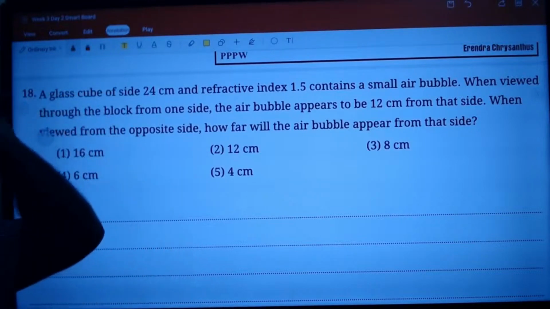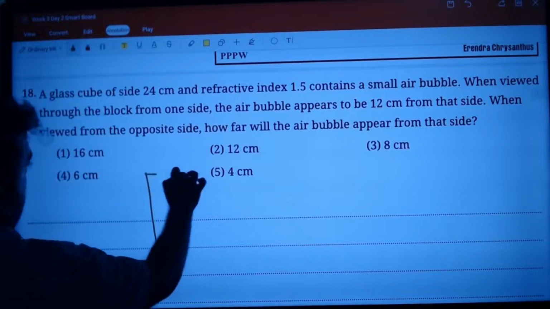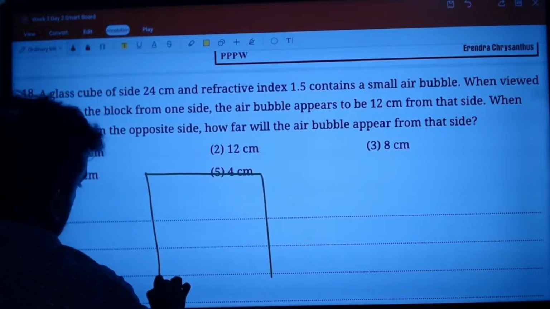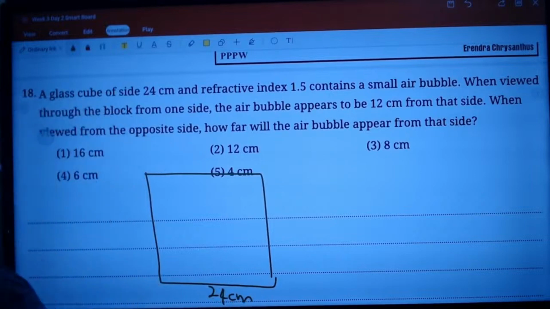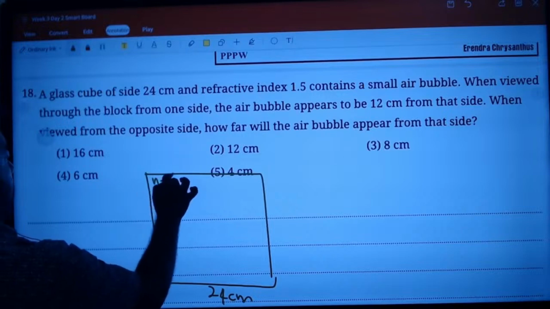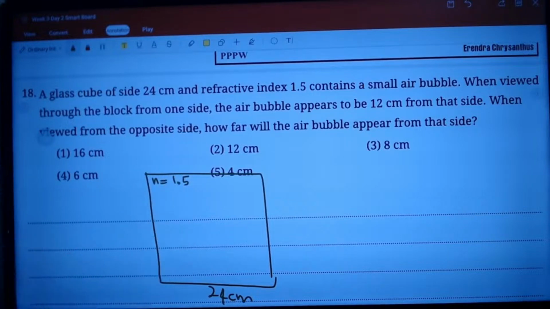A glass cube 24 centimeters has a refractive index 1.5 and contains a small air bubble.